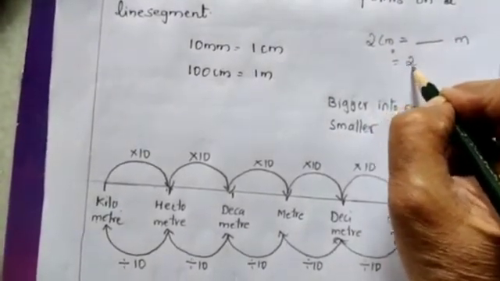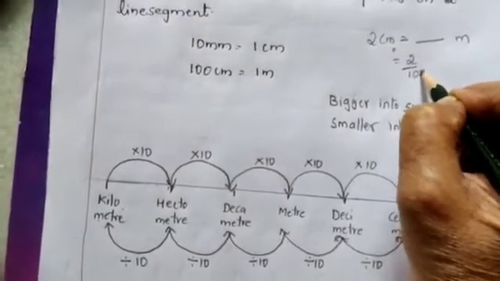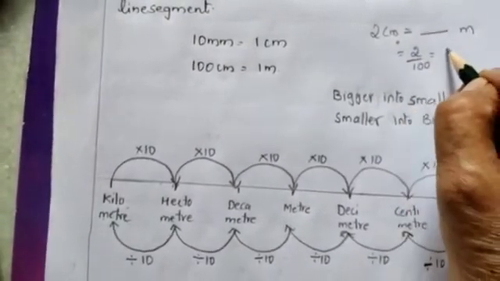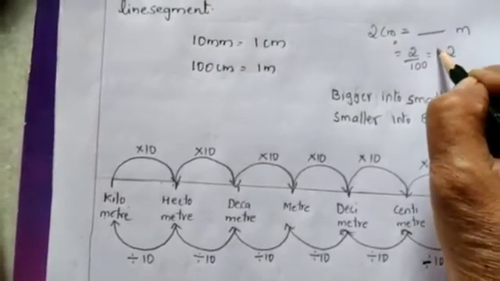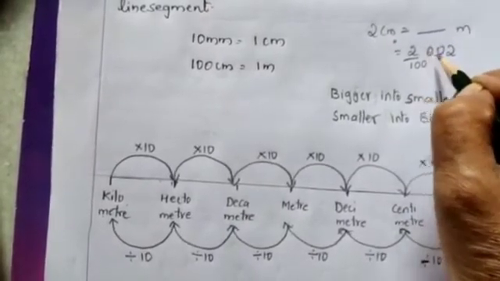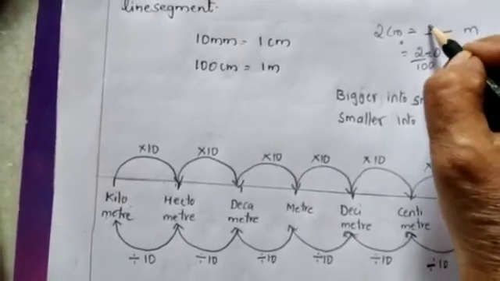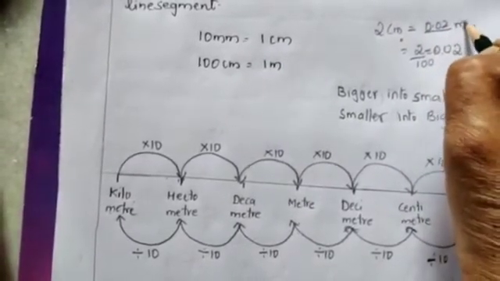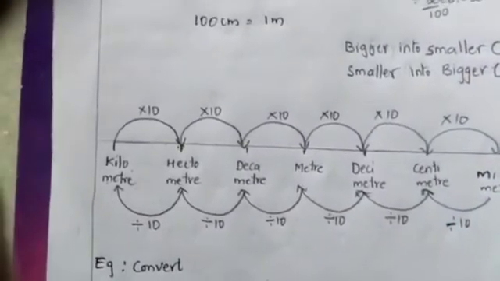Here 2 divided by 100. Here 2 zeros are there, so after 2 digits, put the point. So 0.02 meters. Okay.